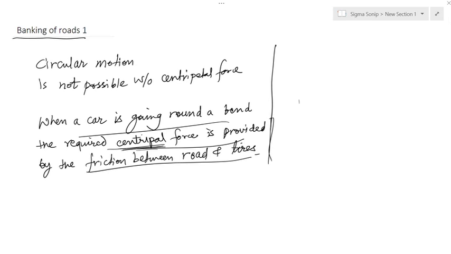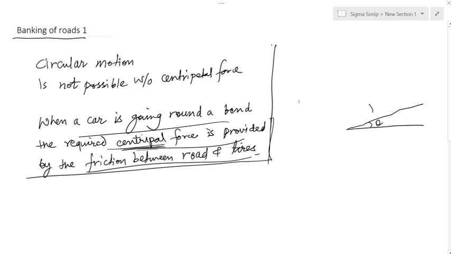So suppose my car is going like this. I'll bank the road, and here I will draw the banking of the road. This is the horizontal road, and then it is banked by a small angle theta here.